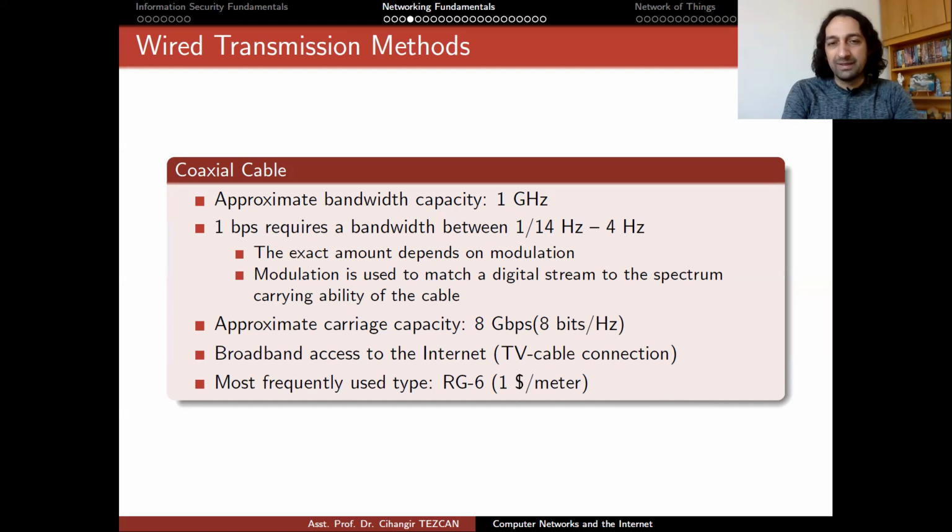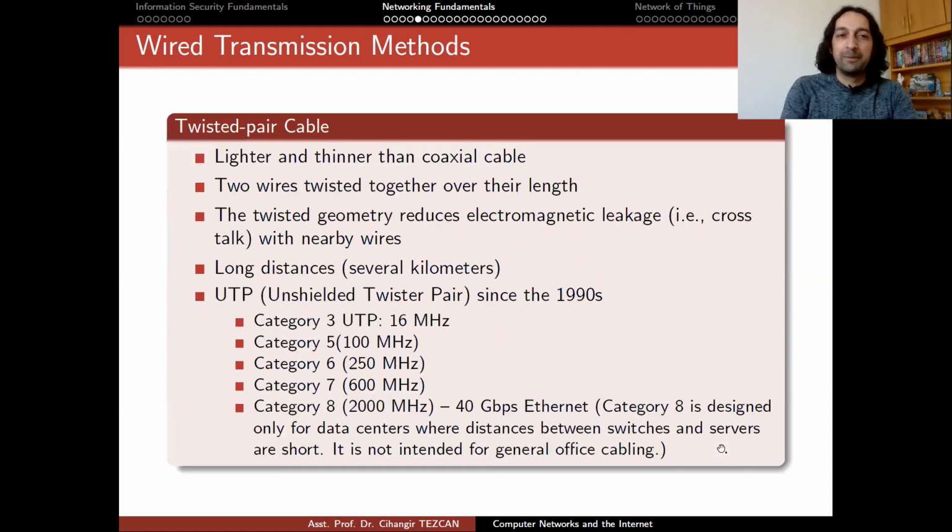Here we say it is about $1 per meter, but giving these numbers does not make much sense, because they become cheaper every day. Even after we put these slides on the internet, the price would probably be $0.5 per meter. But anyway, let's move on.